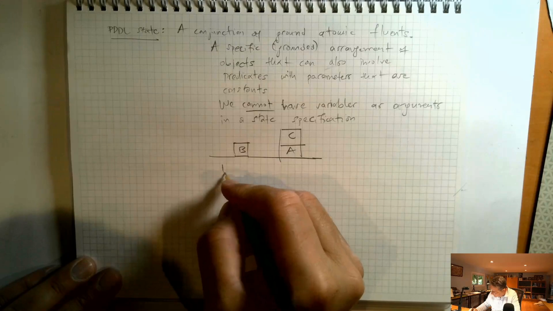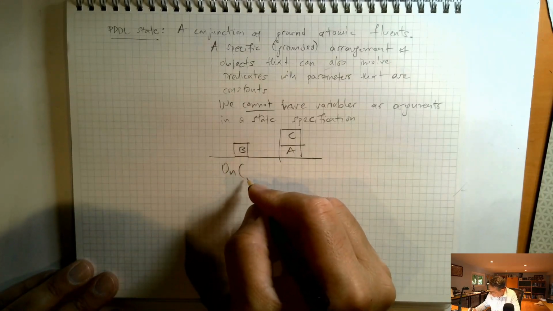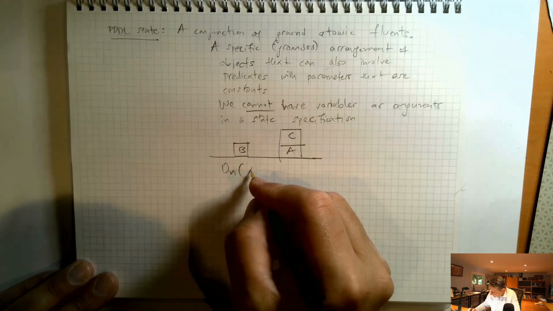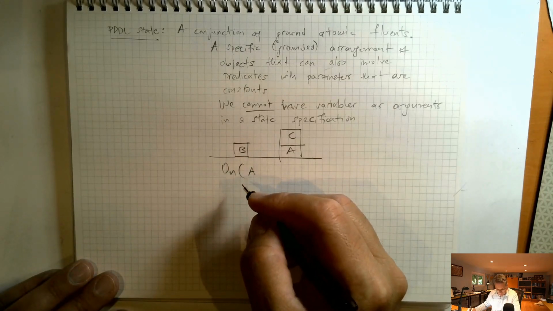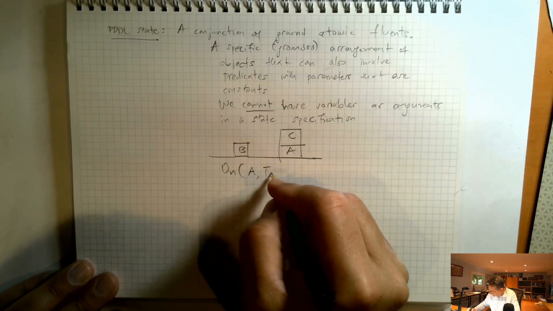So we have the predicate On that takes the arguments, the specific object, let's say A, comma, table.